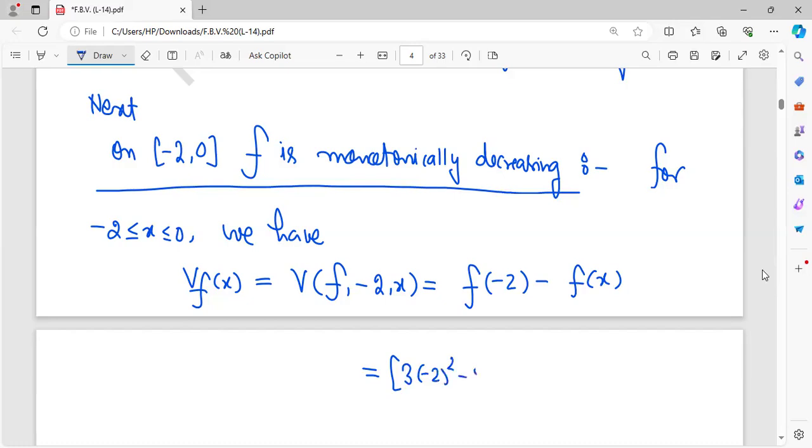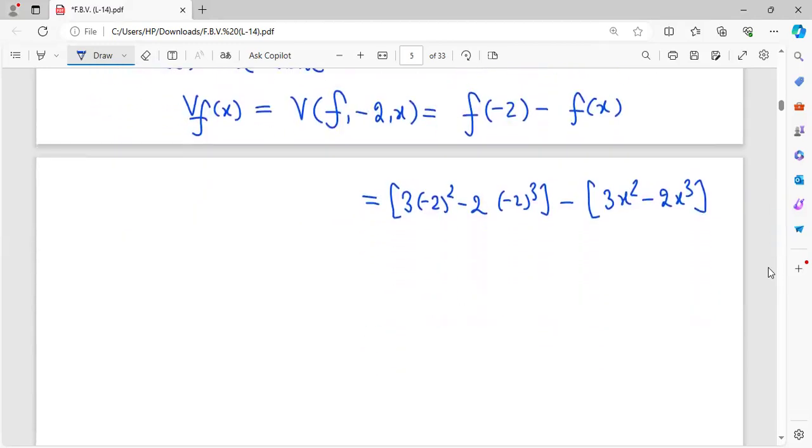It is 3 times minus 2 squared minus 2 times minus 2 cubed, minus 3x squared minus 2x cubed. After solving, you get 12 plus 16 minus 3x squared plus 2x cubed.